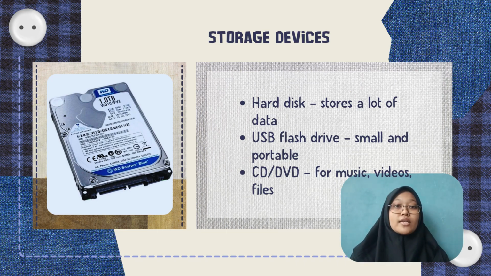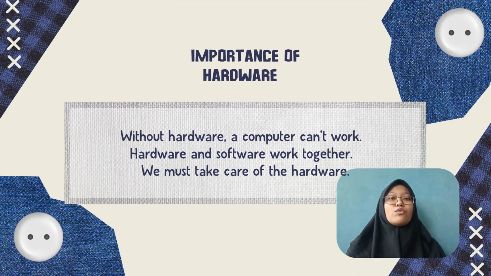A USB flash drive is a small and portable storage device that allows you to easily store and transfer data between computers or other devices. And lastly, CD or DVD. A CD or DVD is a storage device used for storing music, videos, and files, offering a physical medium for data storage and playback.